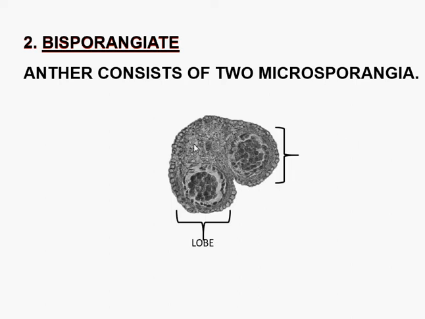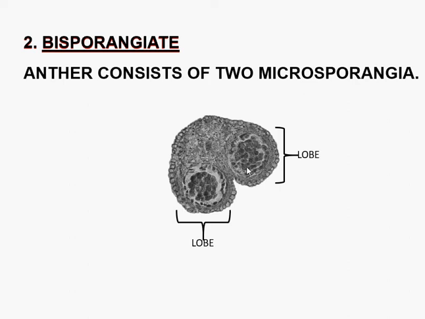But the difference between tetra and bisporangiate is, in this bisporangiate anther each lobe consists of only one chamber, whereas in tetrasporangiate anther each lobe consists of two chambers.